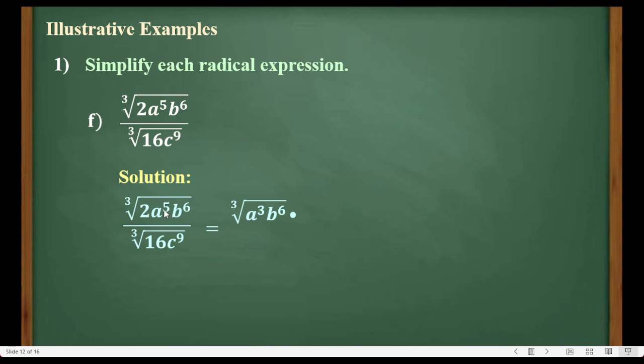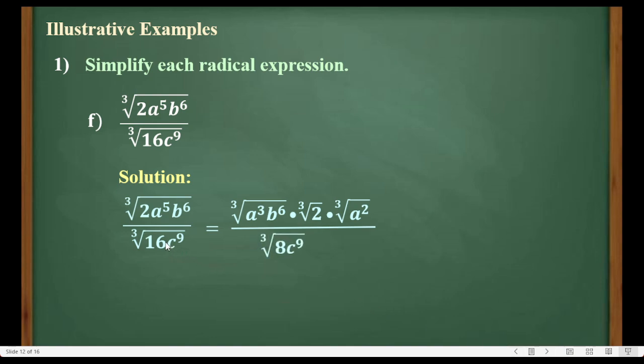So we extract a cube b to the 6. And so we did not include 2 and the one that is left from a to the 5th, which is a squared. And this is actually cube root of 2 followed by cube root of a squared all over.